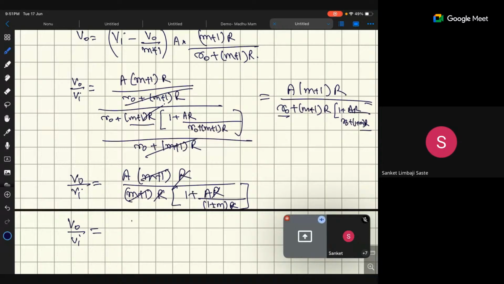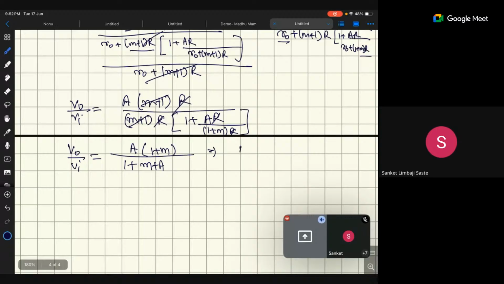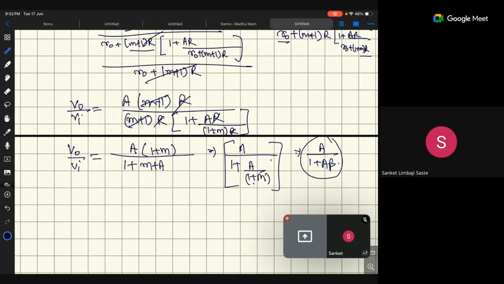If I take the LCM, A upon 1 plus A. This is nothing but equal to A upon 1 plus A beta. This is the feedback formula.